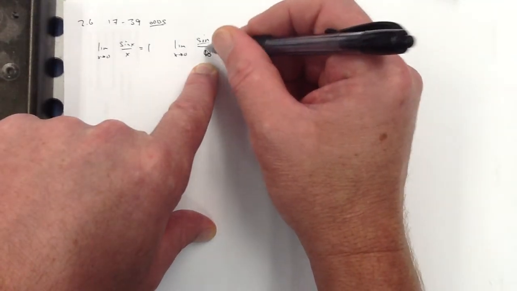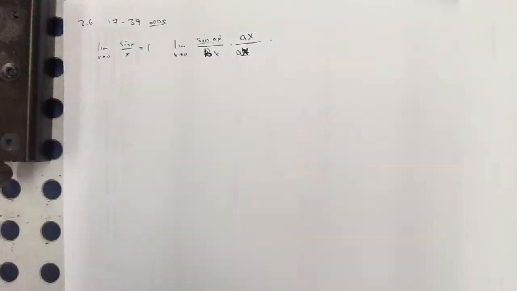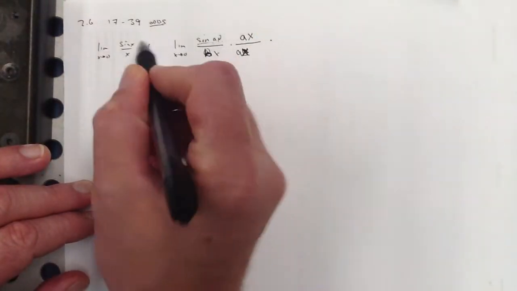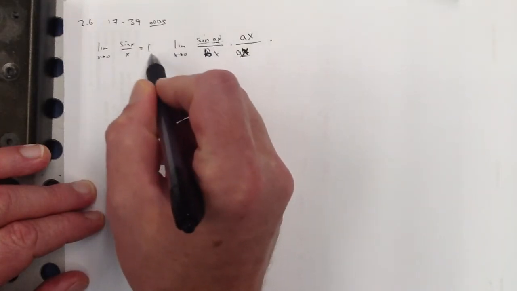Oh, because this would be over bx. That's why I'm messing that up. There we go. Okay, sorry about that. Sorry for the confusion. Okay, so if I can get these things to match up, the ax over ax, then that's just also going to go to 1.